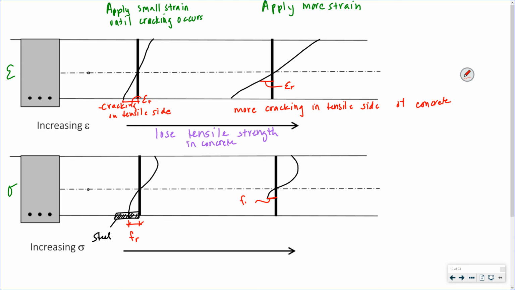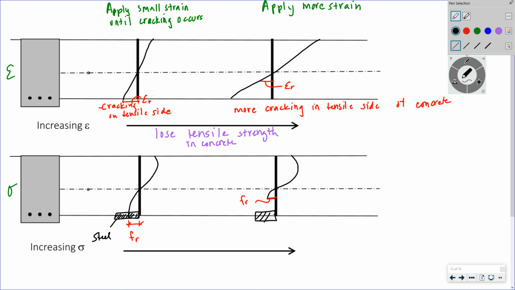There's no stress below where it started cracking because it has no strength. Once it reaches cracking, it loses all strength. So I'm decreasing how much tensile strength I have in my concrete, but I have my steel.